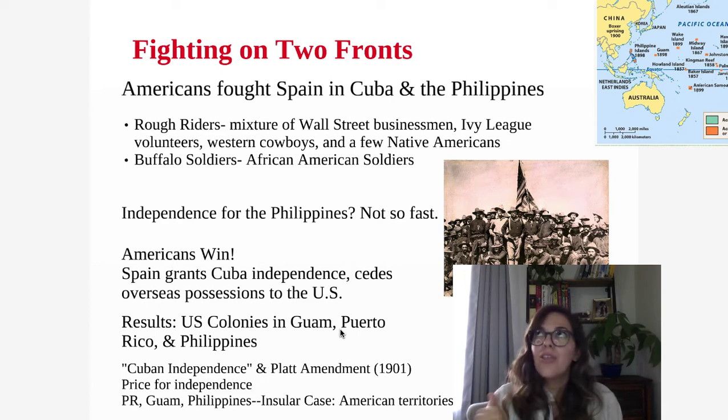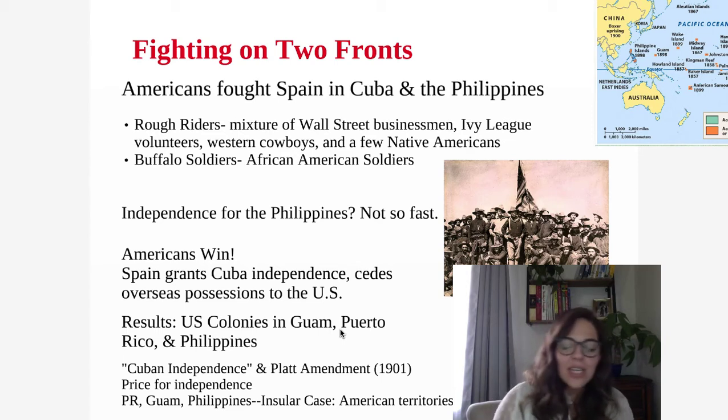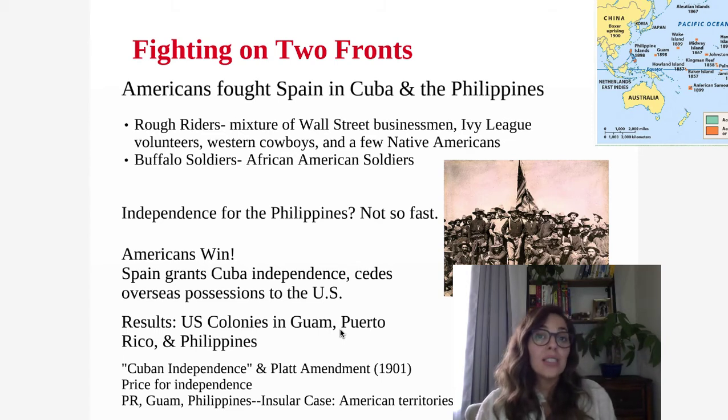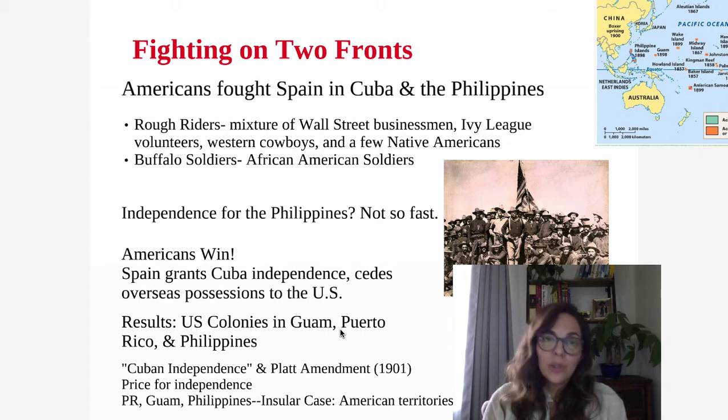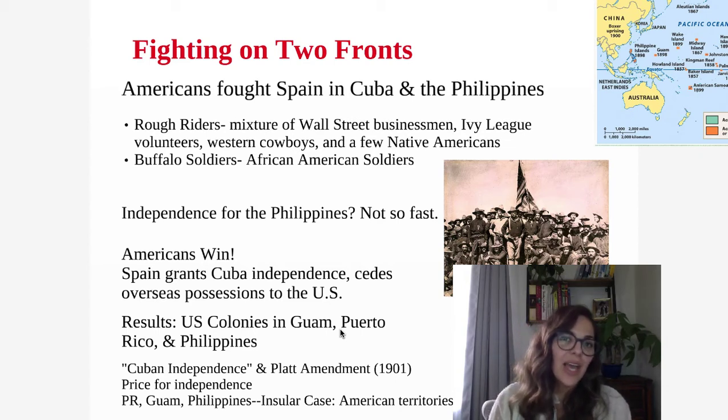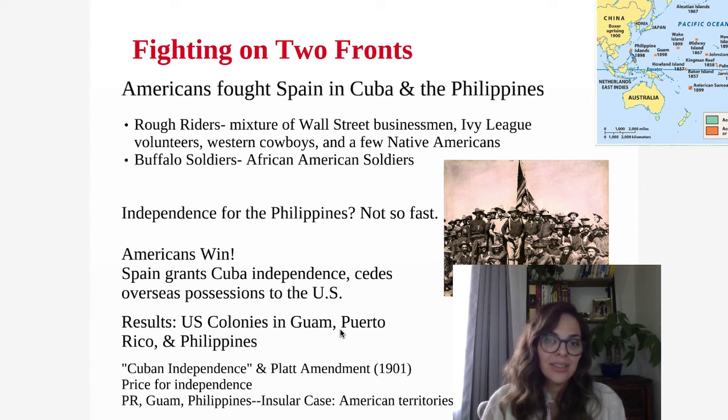Okay? Think about that. Cuba, although independent, cannot negotiate any treaties with any other nation without U.S. supervision or approval. Now, this totally negates, contradicts independence, does it not?